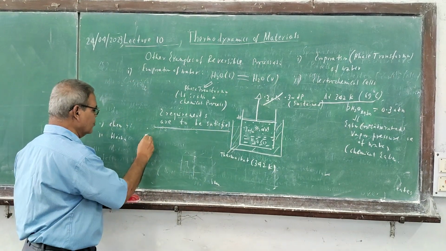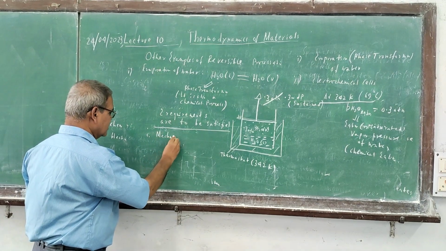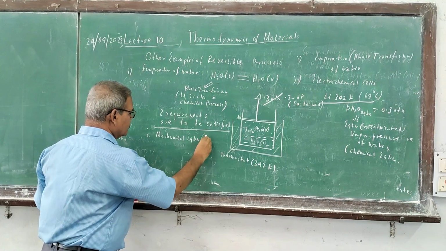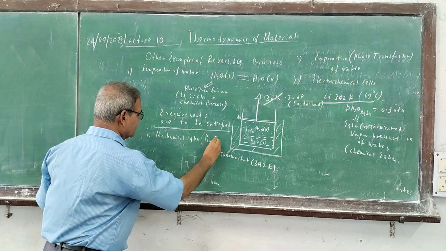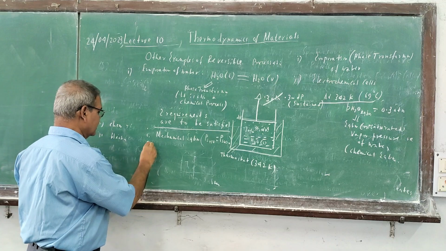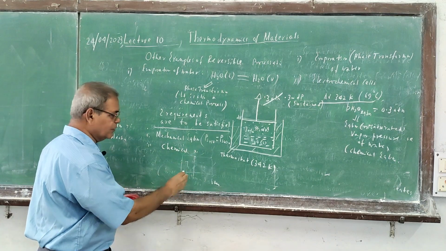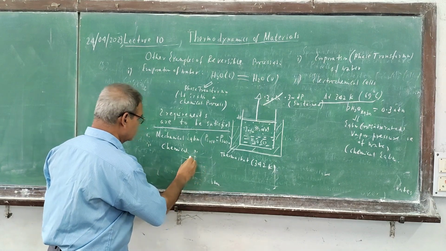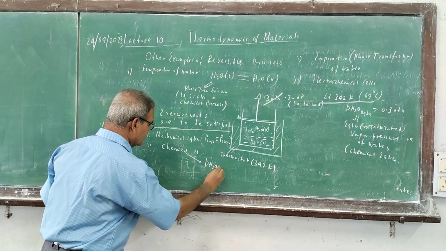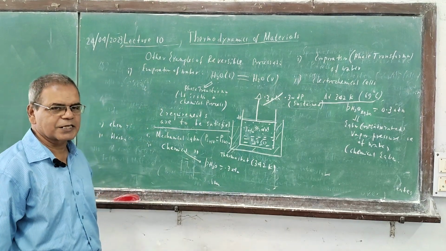One is mechanical equilibrium, meaning P system equals P surrounding. Another is chemical equilibrium, to make pH2O 0.3 atmosphere in the system.